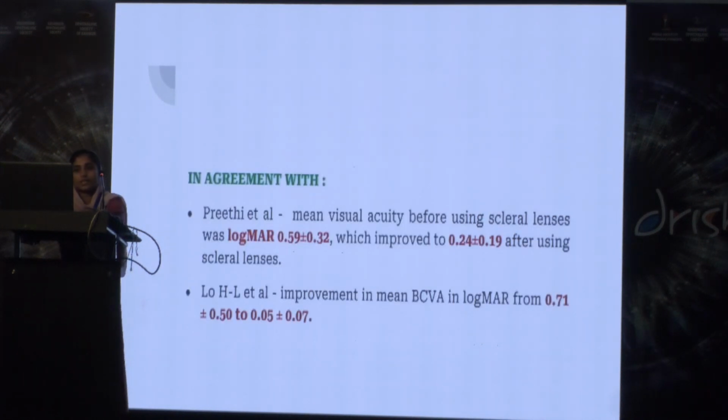The results were in agreement with the study by Preeti et al., which showed an improvement of vision from logMAR 0.59 plus or minus 0.32 to 0.24 plus or minus 0.19 with scleral contact lens, and Low et al. also showed an improvement of BCVA in logMAR from 0.71 plus or minus 0.5 to 0.05 plus or minus 0.07.